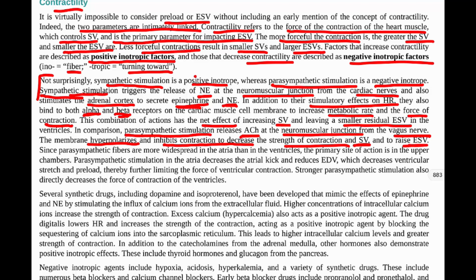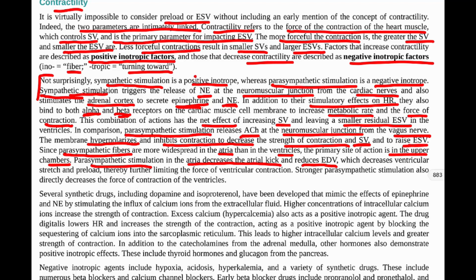Since parasympathetic fibers are more widespread in the atria than in the ventricles, the primary site of action is in the upper chambers. Parasympathetic stimulation in the atria decreases the atrial kick, so it's not forcing as much blood down into the ventricles.